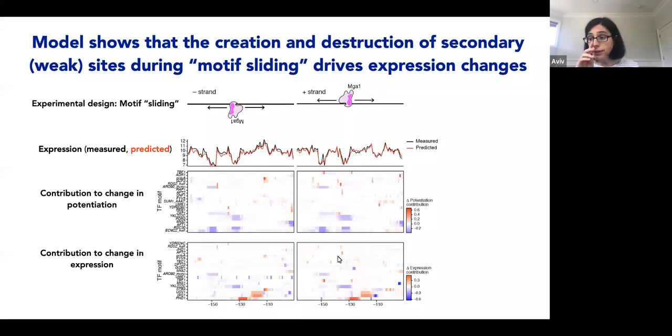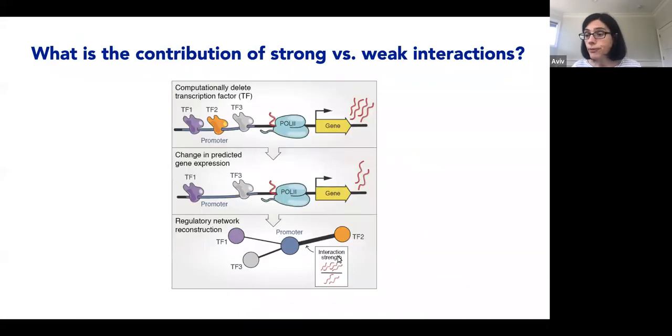They are too weak to be learned from small data sets, but they are not too weak to matter for biology. So with this in mind, we asked if we can understand what is the contribution of strong versus weak sites on each gene's expression in yeast.